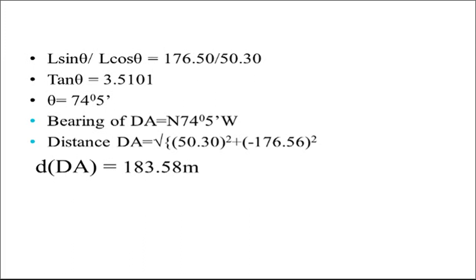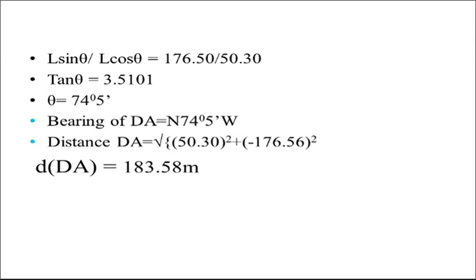Here there is no necessity of considering the sign, you just consider the value without sign. Hence the value of tan theta is coming 3.5101, and tan inverse gives theta equal to 74 degrees 5 minutes. Therefore the bearing of line DA, since it falls in the fourth quadrant, is N 74 degrees 5 minutes W.